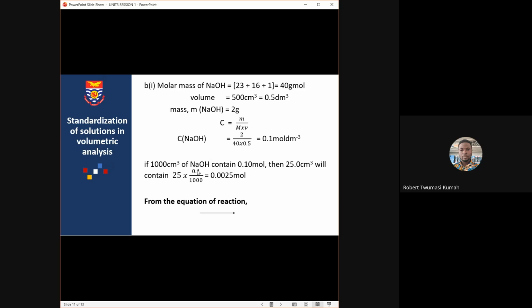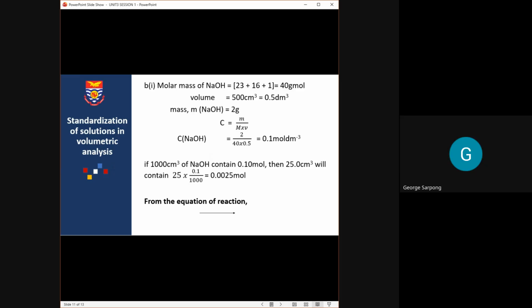It will be 25 times 0.1 over 1,000, and that gives us 0.0025 moles. So that 25 that was pipetted for the titration actually contains 0.0025 moles of the total moles. Is that all right?